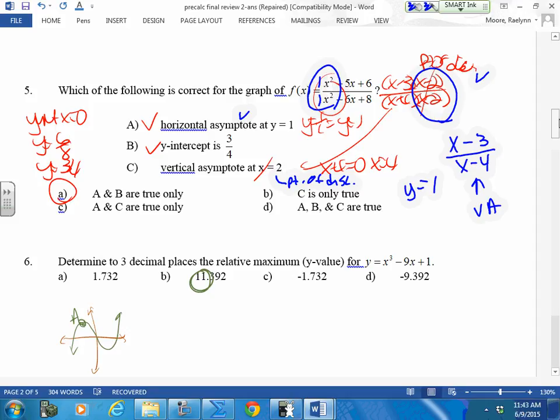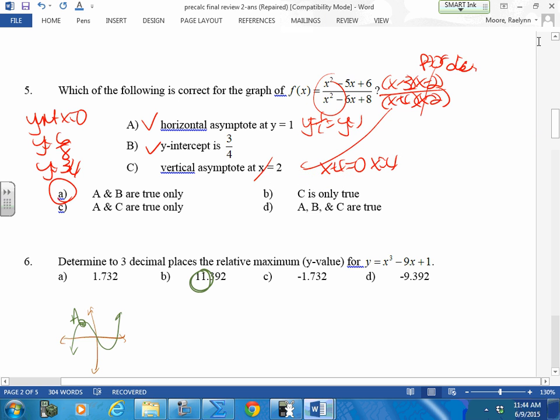So I'm going to get 6 over 8, and this reduces to 3 over 4. Good? You guys are good with this? All right. Can everybody find this one, relative max? Put it in your calc, do a max. Okay, that's kind of a nice little 2-point question there.